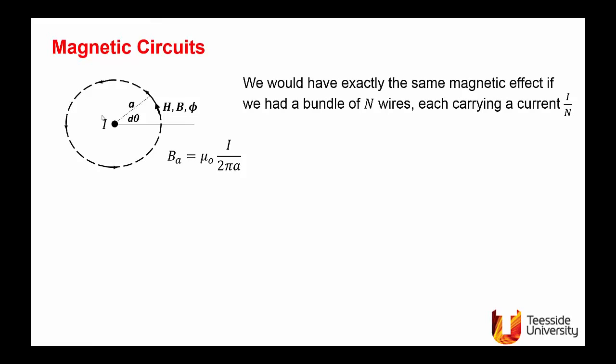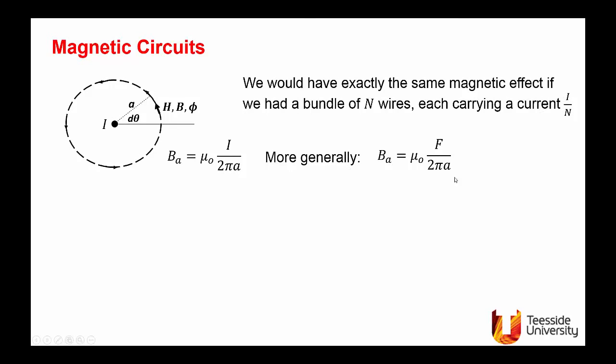We call it the magnetomotive force acting on the contour, and we will call it F. In this particular case, our magnetomotive force, the force that is creating the magnetic field, is I. It could have been N conductors, each carrying I over N.